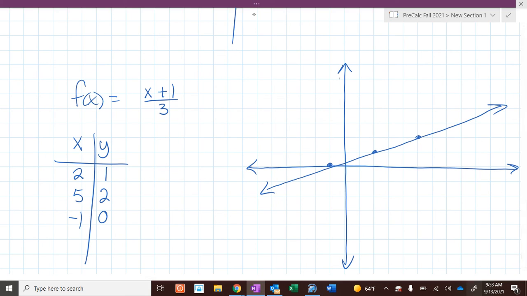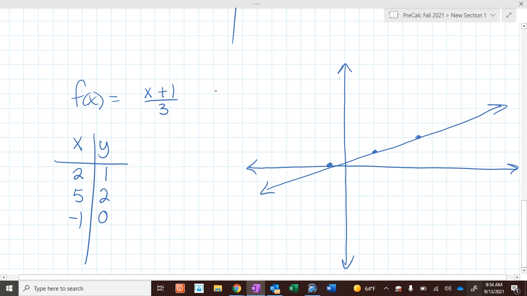Okay? It's inverse. So to find the inverse, you go x equals y plus 1 over 3. What's my first step to get y alone? Multiply by 3. 3x equals y plus 1. And then subtract 1. 3x minus 1.